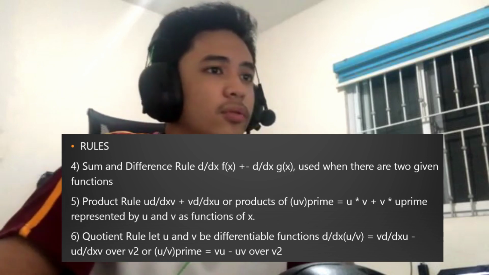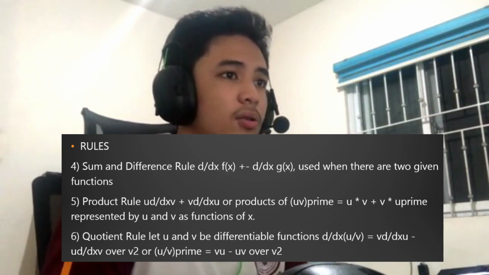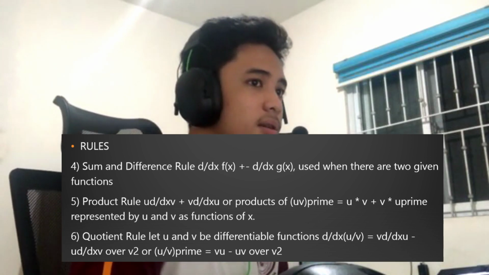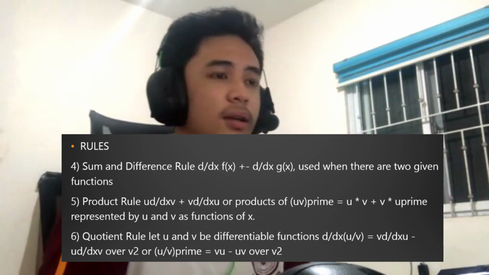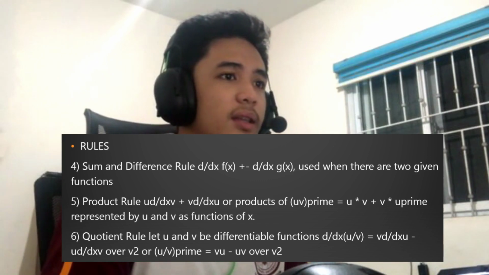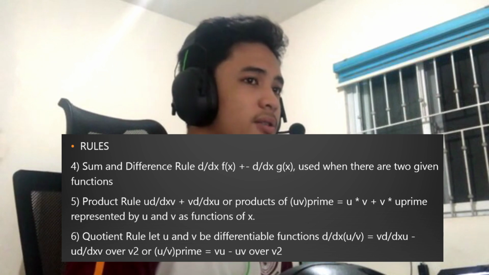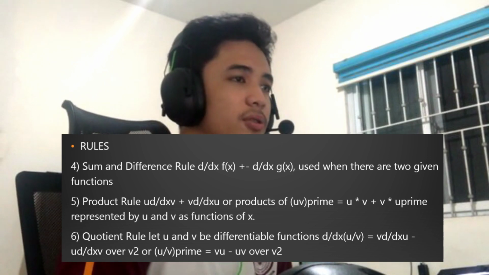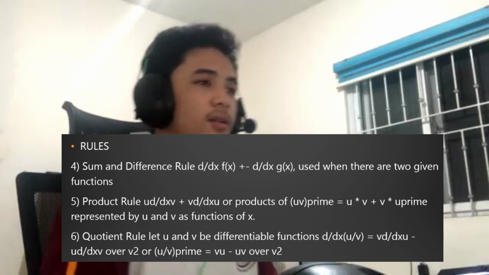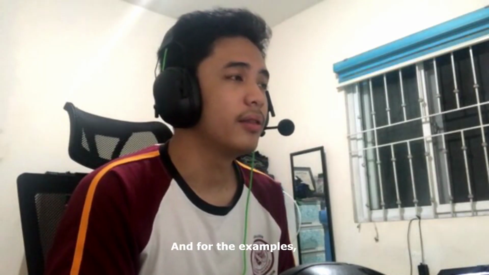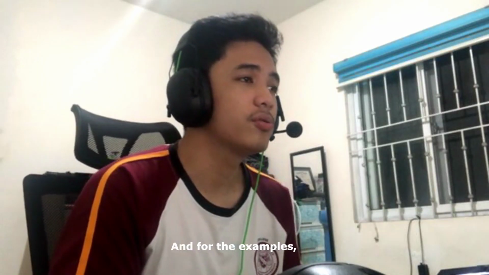The quotient rule: d over dx of u over v equals v d over dx u minus u d over dx v, all over v squared. And now we're going to show examples.